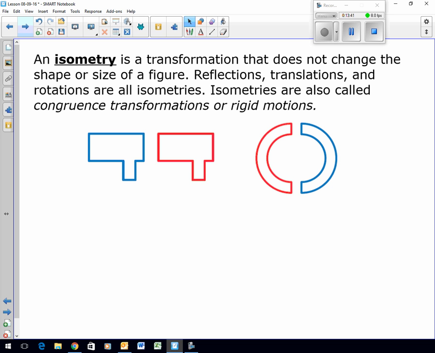Reflections, translations, and rotations are all isometries. Isometries are also called congruence transformations or rigid motions. The reason I circle that is because in this great state of Georgia, we talk about them as if they were rigid motions.